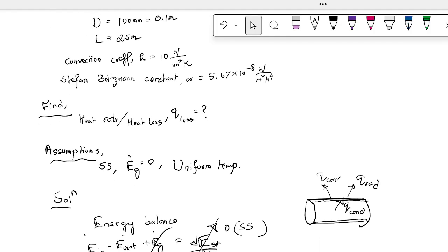Okay, so I'm going to put this as equation number 1, and then I'm going to write those two equations for convection and radiation. You also remember CONV means convection, right? The short form COND means conduction. We've used it several times. RAD means radiation. So those are the equations, as I was saying to the class. So T surface, T surrounding, and then I have h times A times T surface minus T infinity.